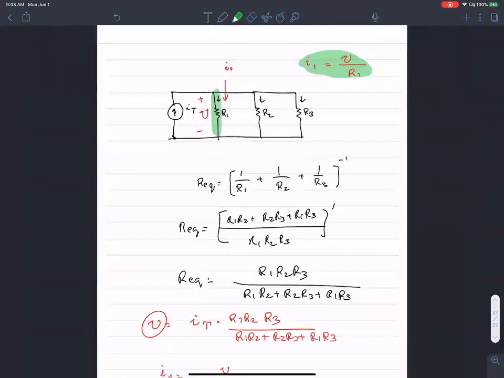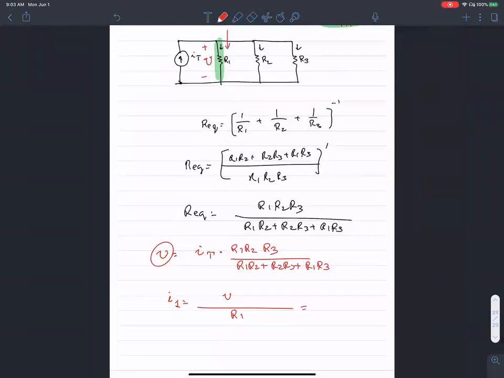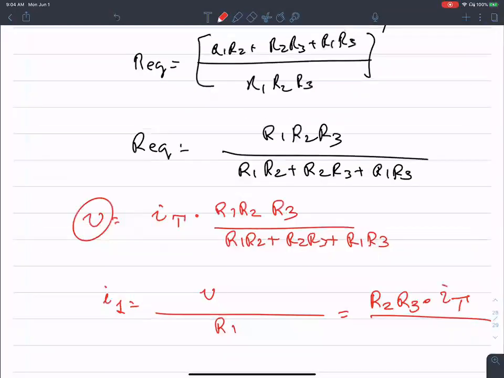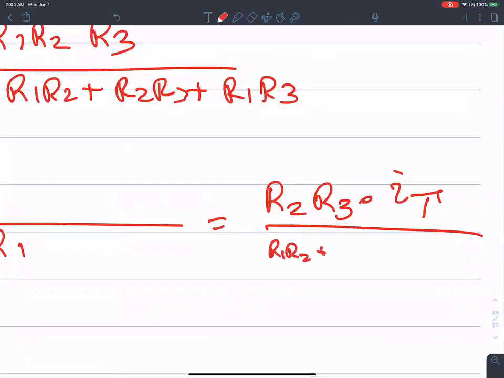So here comes your result. If you do this, I1 comes out to R2 R3 times I total over R1 R2 plus R2 R3 plus R3 R1.